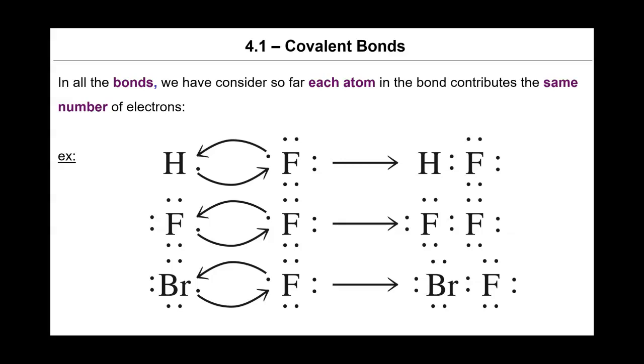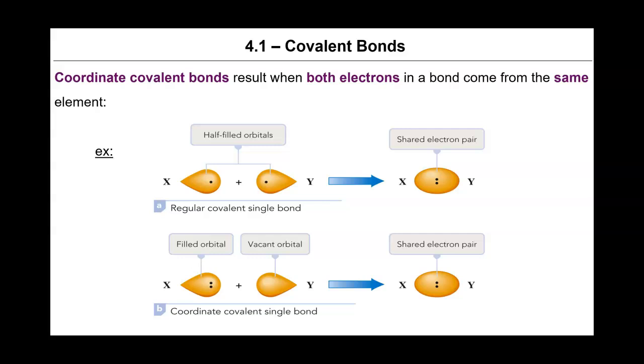It is most of the time, but it doesn't always have to be like this. So what we've seen so far is that we have one electron on each of two atoms coming together and becoming shared between two atoms, forming a covalent single bond. And that is the most common type of bonding.